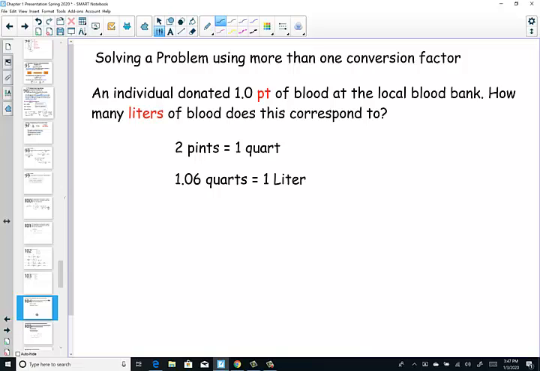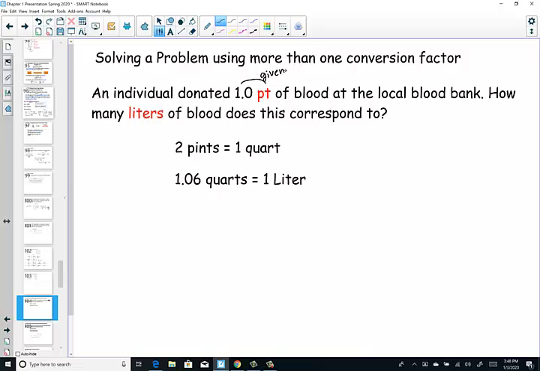What if we have more than 1 conversion factor? So we set up a series of steps that start with the unit given and work to what they want. An individual donated a pint of blood, 1 pint of blood. So this looks like what it's given. How many liters of blood does this correspond to?